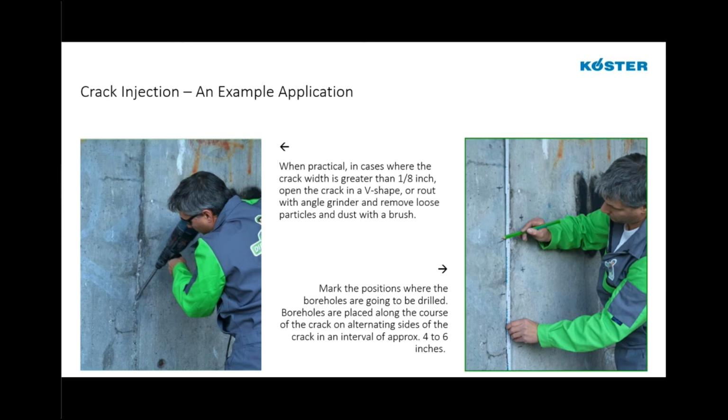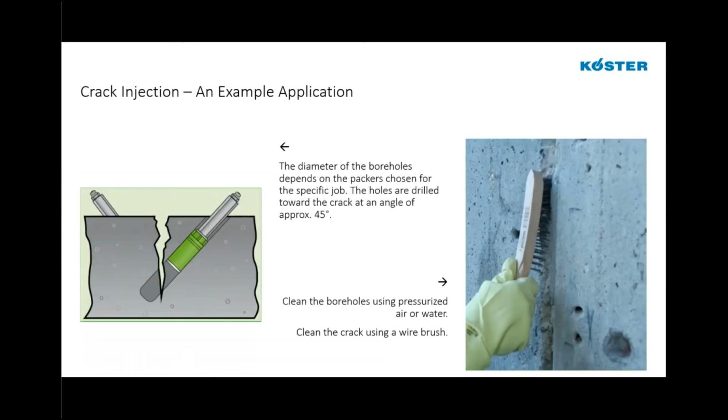So we drill the portholes on either side of the crack, 1/2 the distance of the wall at a 45-degree angle, so that we can have our best chance of intersecting the crack in the middle of the wall. We have another diagram that will, if that's tough to visualize, but what we're trying to do is intersect the crack in the middle of the wall. Oh, here we go. Yep.